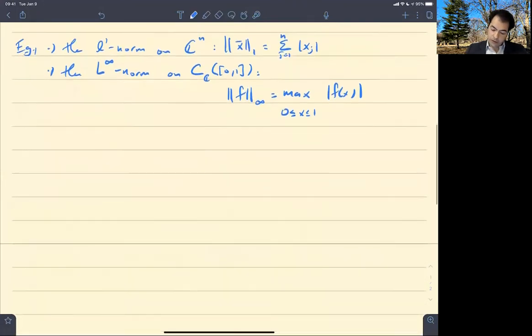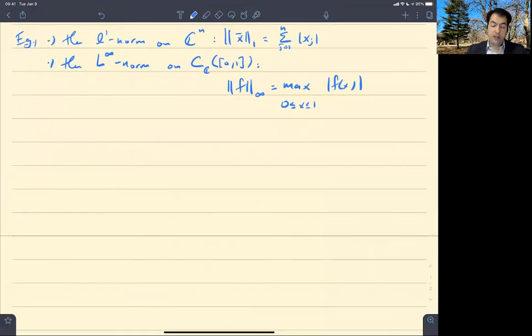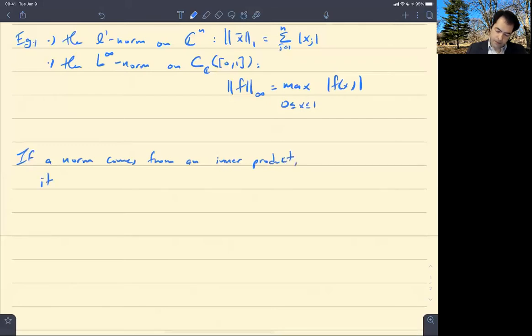Okay, so as I mentioned, we're going to prove in a moment that neither of these comes from an inner product. How can we possibly know that? Well, here's the thing. If a norm comes from an inner product, it satisfies the parallelogram law.